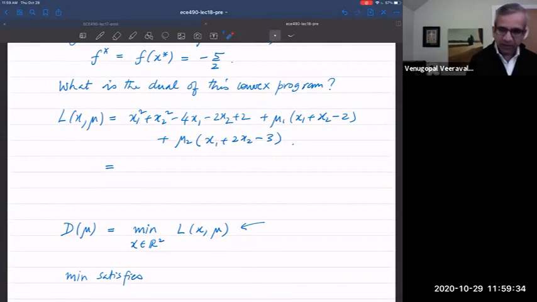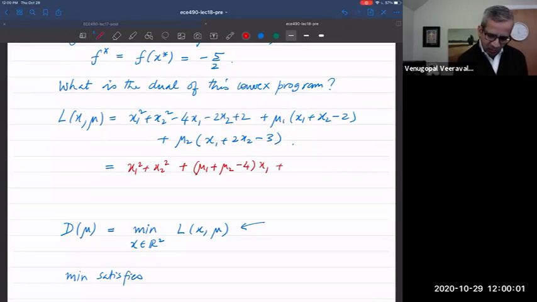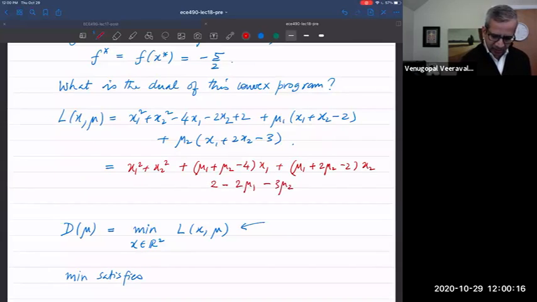Okay, so if you look at this, I can look at the Lagrangian that has two parameters, mu1 and mu2, and I can combine things. So this is x1 squared plus x2 squared plus (mu1 plus mu2 minus 4) times x1, and then I get plus (mu1 plus 2 mu2 minus 2) times x2, and then the constants that remain are 2 minus 2 mu1 minus 3 mu2.